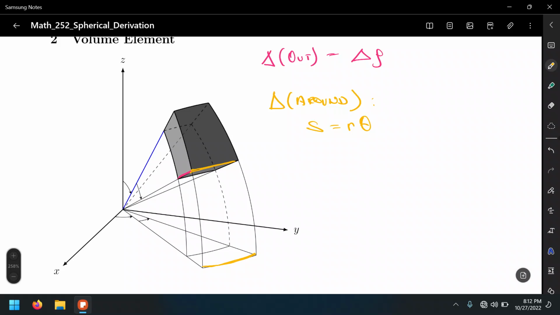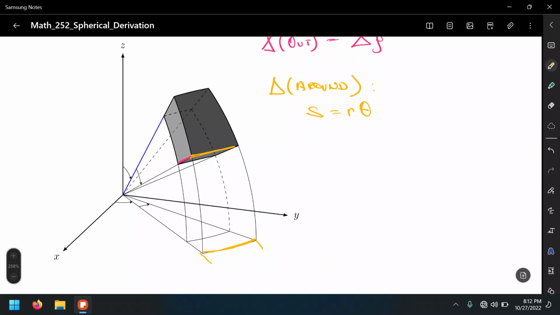But in this case, to go from this ray to this other ray right there involves a change in the angle. However, the question is, which angle is involved between these 2 points? Is it theta or phi? Theta, because that's the angle around, not the vertical angle. So this means that we will define it as r times delta theta.